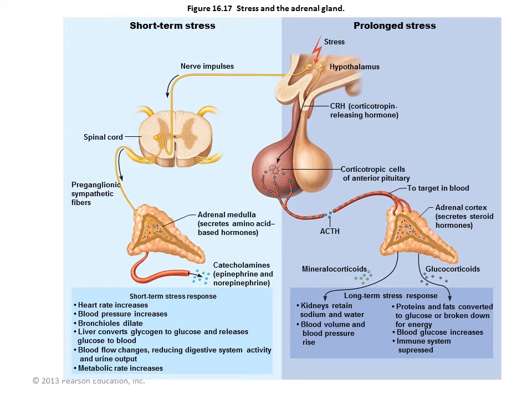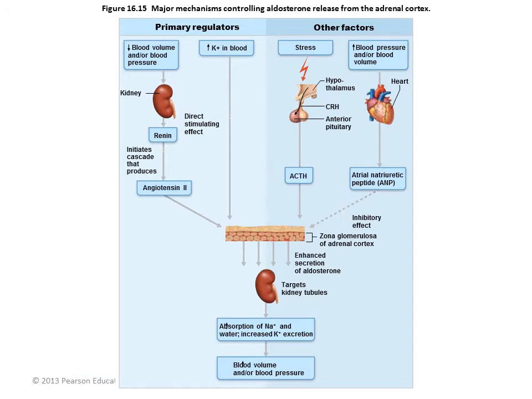building material of muscle. Okay, so aldosterone release is triggered by decreasing blood volume and blood pressure, and also by increased blood levels of potassium.